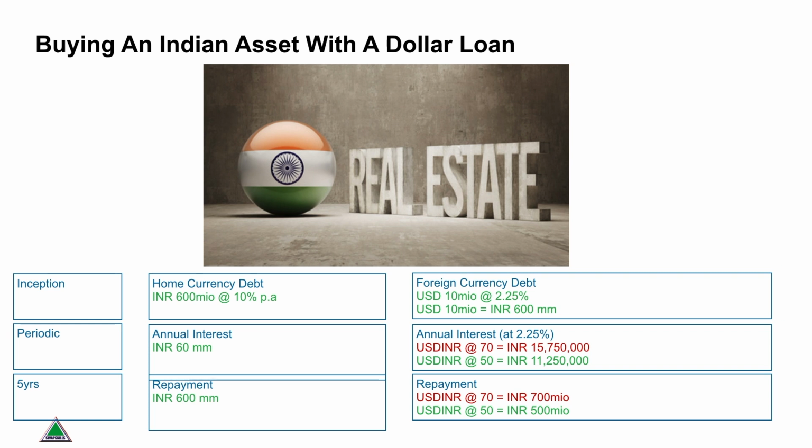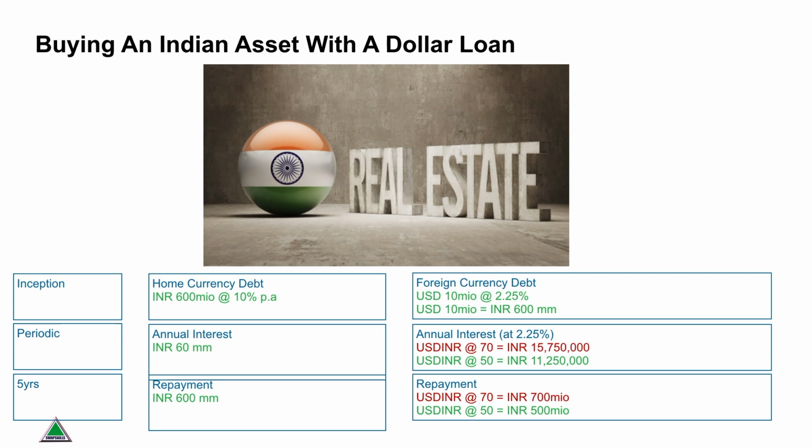And let's assume that dollar interest rates are 2.25%. Well, based on this exchange rate, John's interest expense would now only be equivalent to 13.5 million rupees. So this is way below the rupee loan interest expense of 60 million. Now, where does the 13.5 million come from? Well, just imagine you had 2.25% on 600 million rupees.